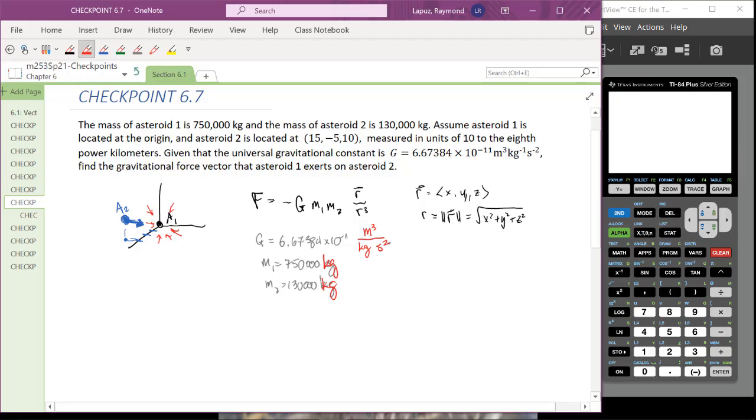Now let's figure out the units for the r. The r, we're going to be able to put in this value that's 15 times 10 to the 8th power, -5 times 10 to the 8th power, 10 times 10 to the 8th power, and this is in kilometers.